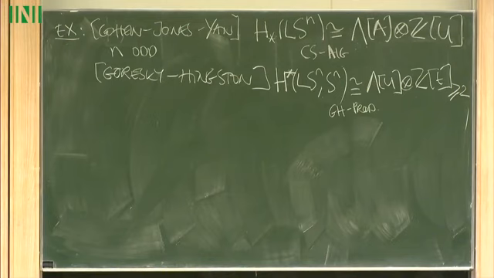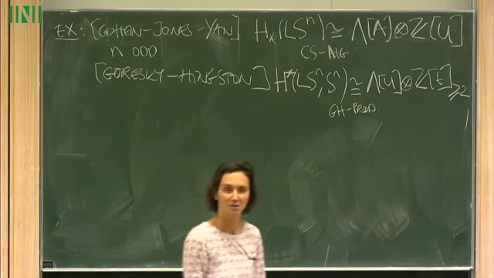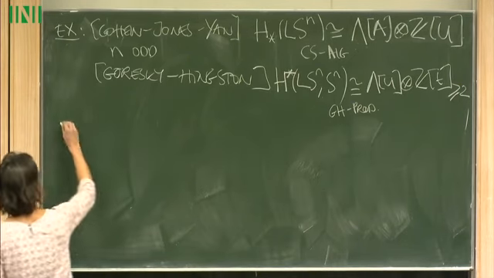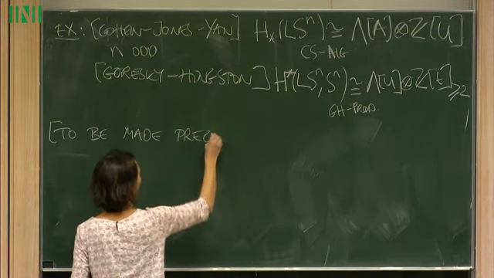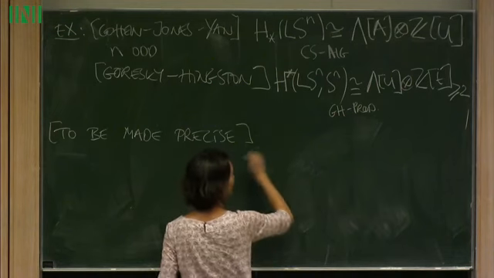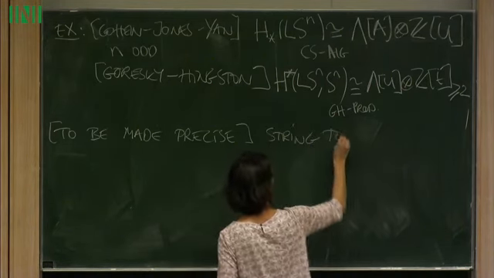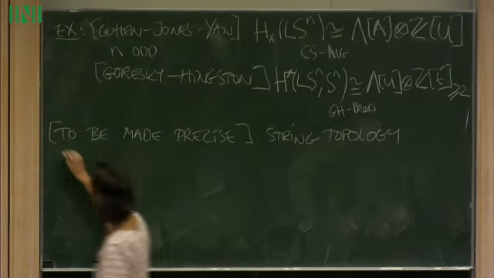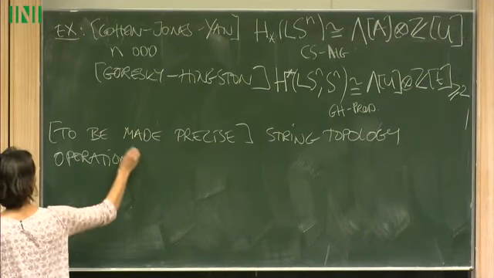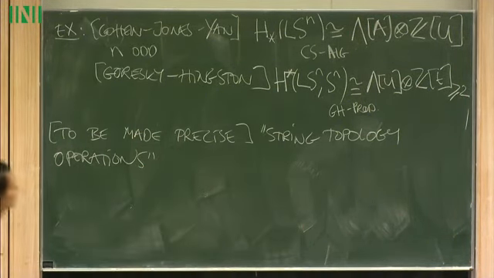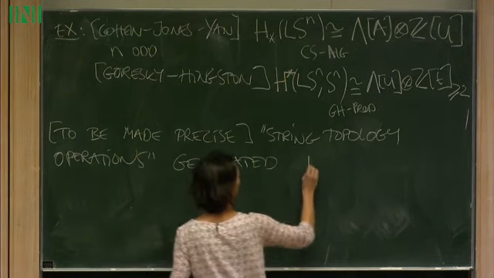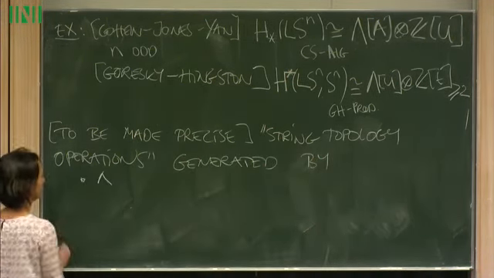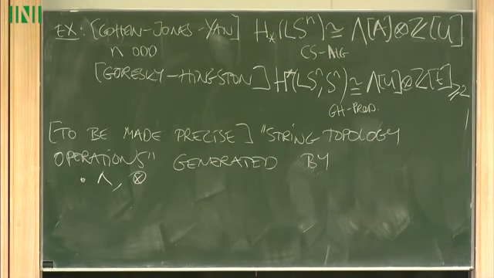And maybe one last thing I wanted to say, and this is not an actual statement, and I don't know what the correct statement is, but roughly, to be made precise, I want to say something like: string topology operations, whatever this is, there I know what I mean but I won't make it precise, are generated by this product and this other product, maybe the dual.